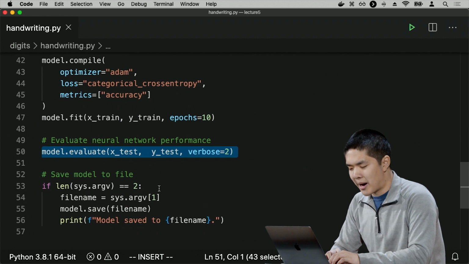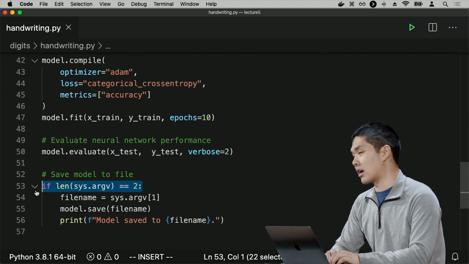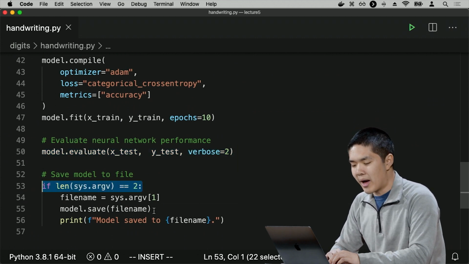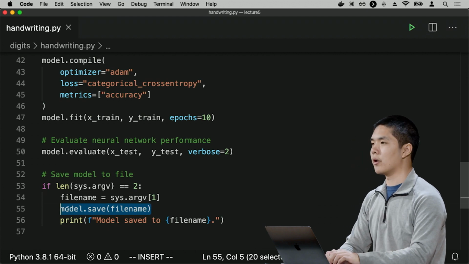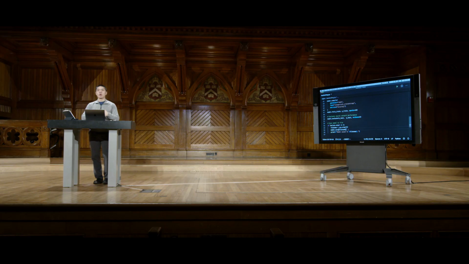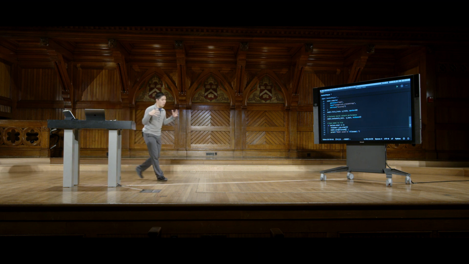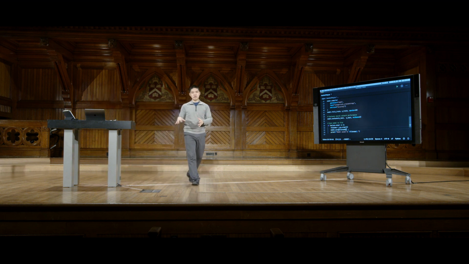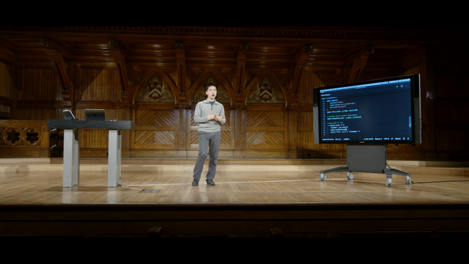And then I've added to my Python program, if I've provided a command line argument, like the name of a file, I'm going to go ahead and save the model to a file. And so this can be quite useful too. Once you've done the training step, which could take some time, going through the data, running backpropagation with gradient descent to be able to say, all right, how should we adjust the weights of this particular model? You end up calculating values for these weights, calculating values for these filters.